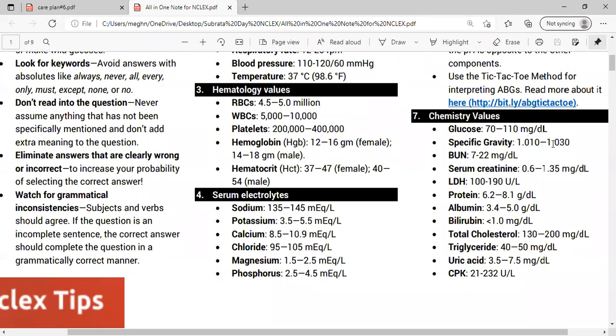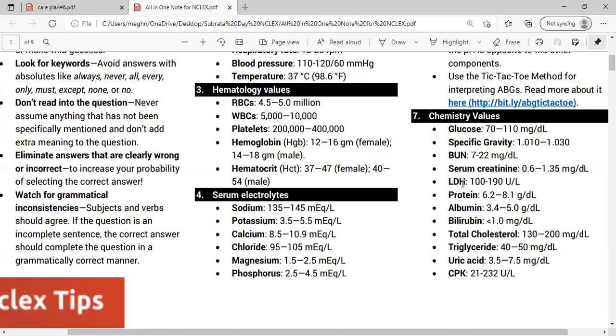So in diabetes insipidus, where too much urine is produced, urine specific gravity goes down. BUN, blood urea nitrogen, is 7 to 28 milligrams per dl. It is a kidney marker test. Serum creatinine is also a kidney function marker, and it should be less than 1.35.